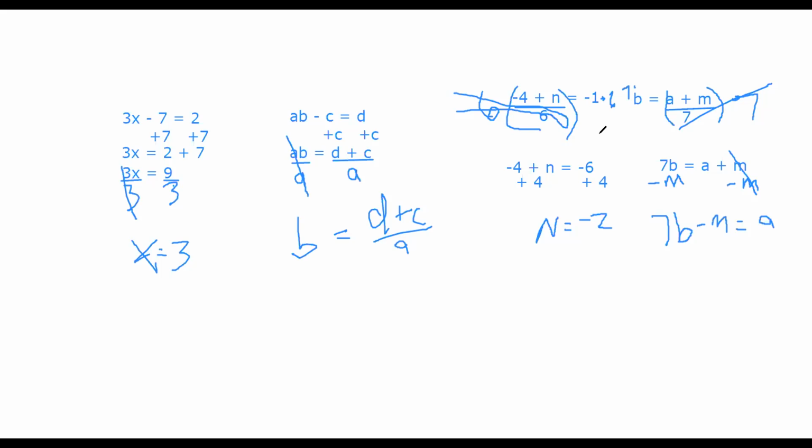So as long as you don't get rid of the number or a letter, you're probably right. A lot of times, not always, but yeah. If you treat them the same way that you treat numbers, you should be fine, because it's the process that's the important thing here. It's not the terms, the numbers, or the letters.